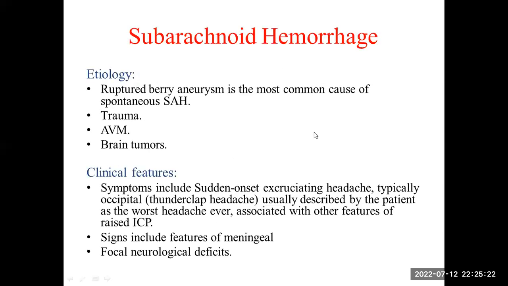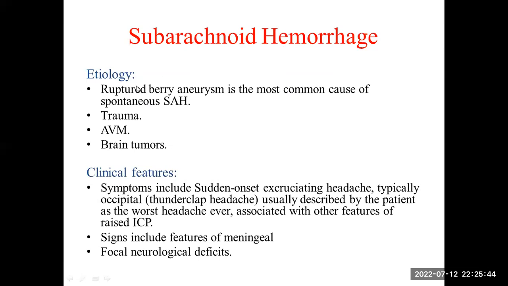So the second type of hemorrhagic stroke is subarachnoid hemorrhage, a form of bleeding into the subarachnoid space. And the etiologies of subarachnoid hemorrhage can be traumatic or non-traumatic. It can be spontaneous or it can be traumatic.